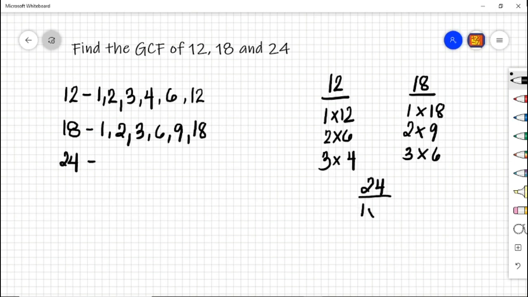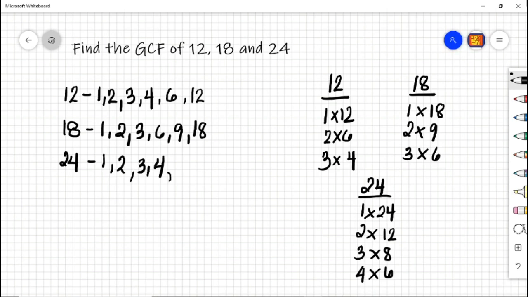We have 1 times 24, 2 times 12, 3 times 8, and then 4 times 6. Now let's list the factors of 24. We have 1, 2, 3, 4, 6, 8, 12, and 24.